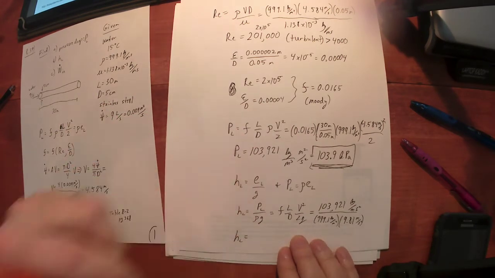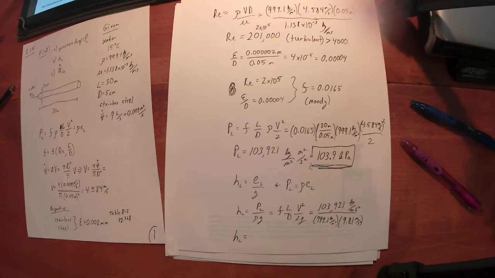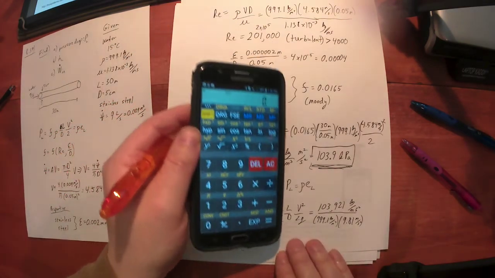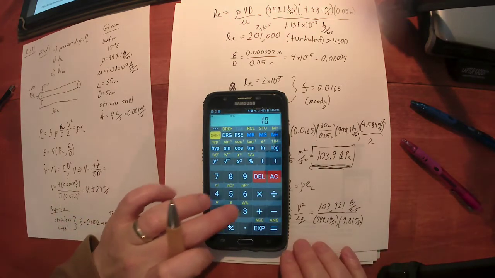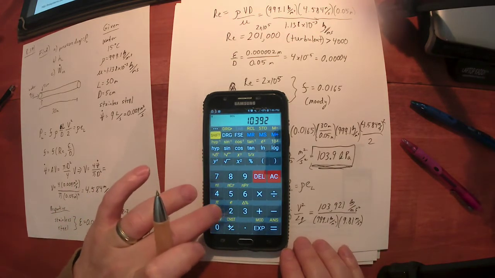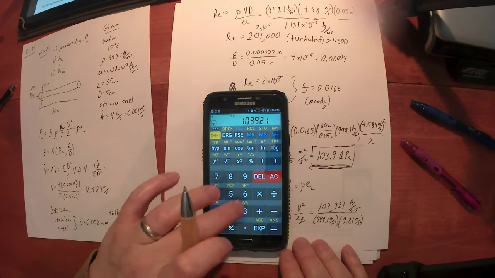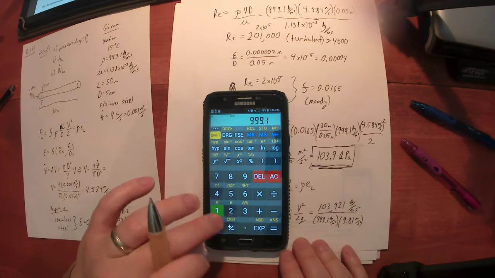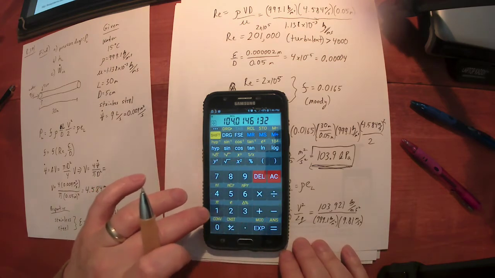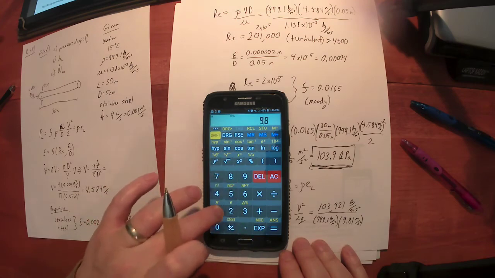So my head loss is going to be 103,921 divided by 999.1 divided by 9.81.